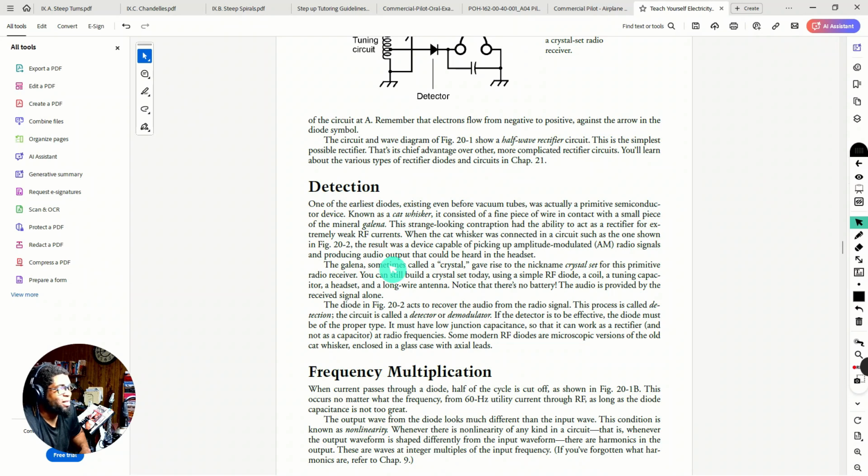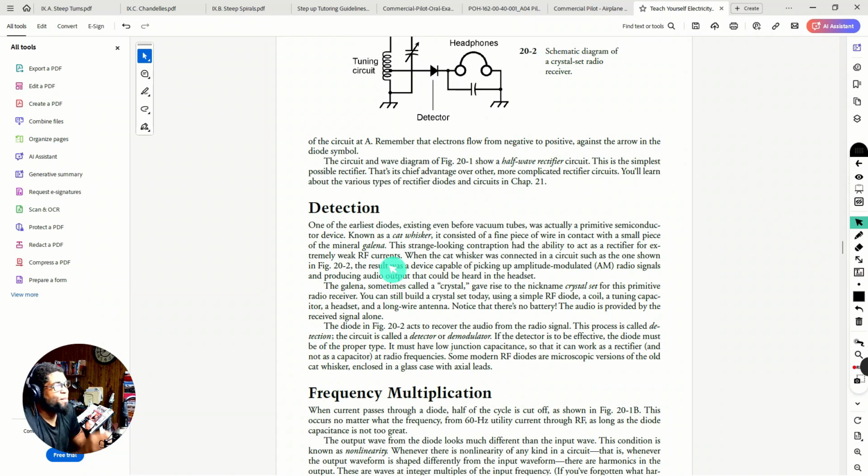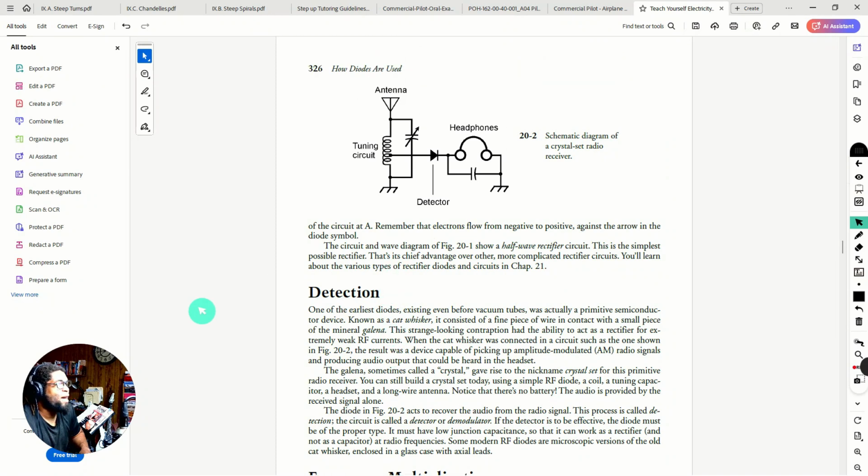So basically what he's talking about here is the way this circuit functions. We have the antenna and some kind of tuning coil which gets the frequencies right, and we have the variable capacitor here which gives us the ability to tune to different frequencies.